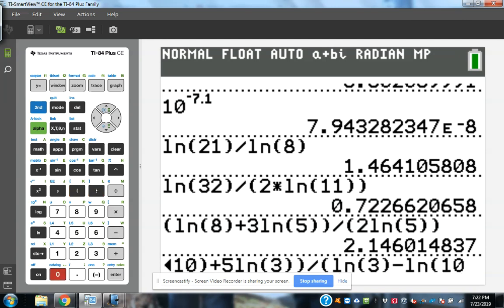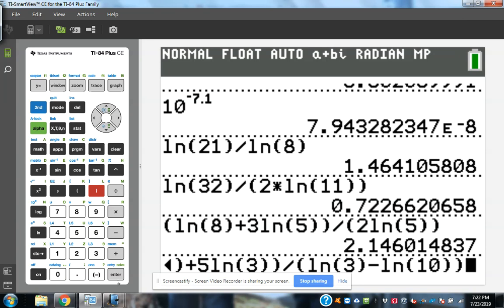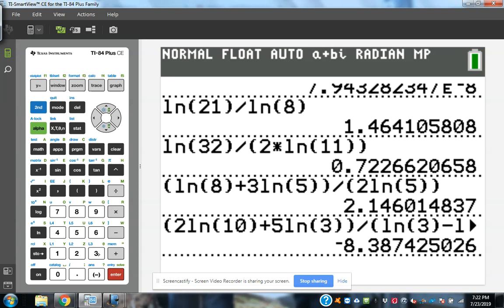A lot of parentheses there to do it that way. But in one swoop, we get the decimal approximation to be negative 8.3874.